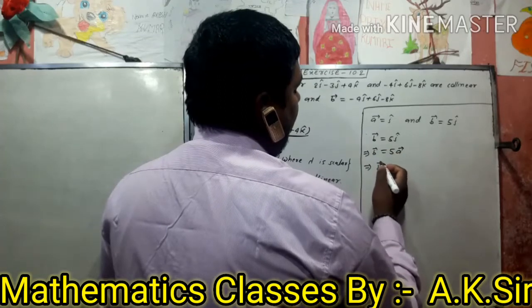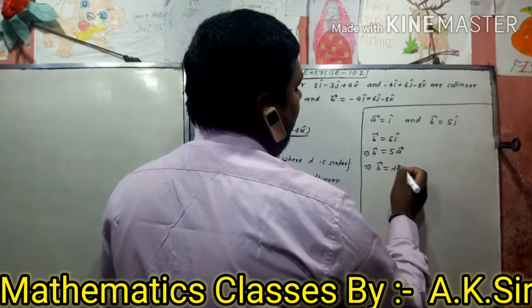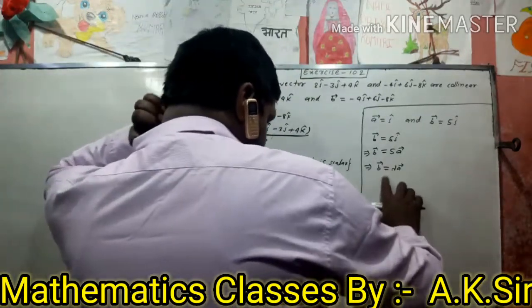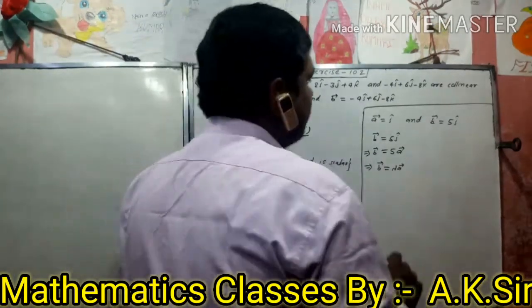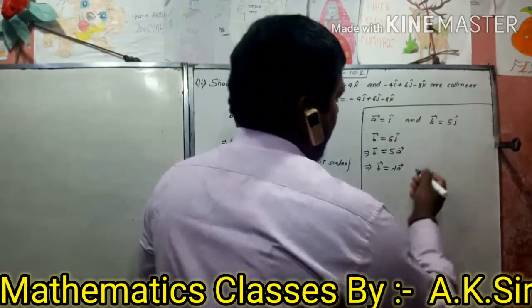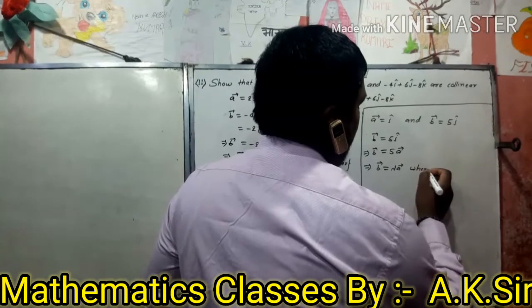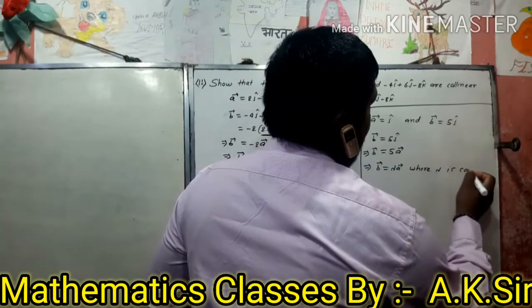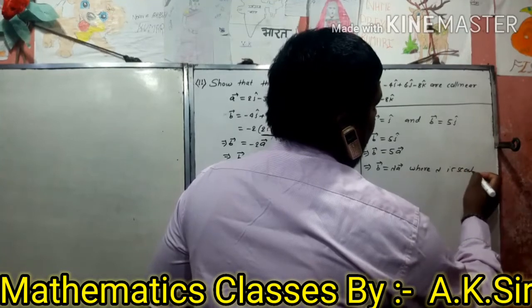It implies that B vector is equal to lambda A vector, where lambda is a scalar.